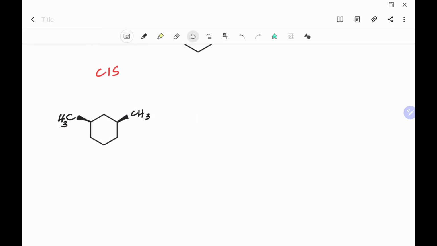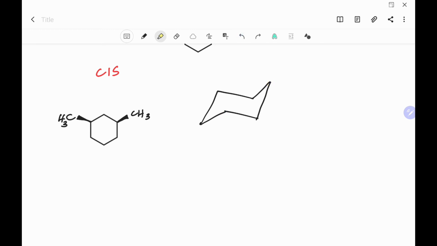For the cis isomer, you can draw two chair conformations. So quickly draw two chair conformations. But you don't have to do both of them. You only have to draw the most stable one. If you want to draw the most stable one, you will first figure out the two carbons of interest. So this is carbon number 1 and carbon number 3.